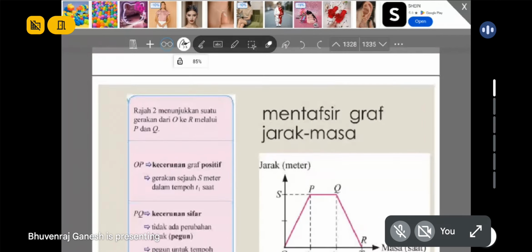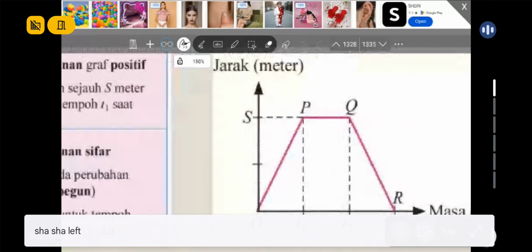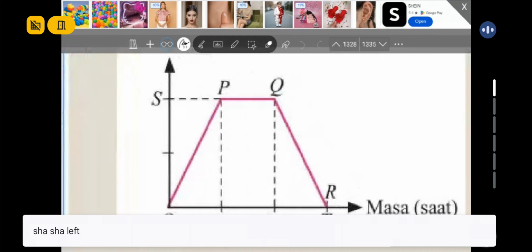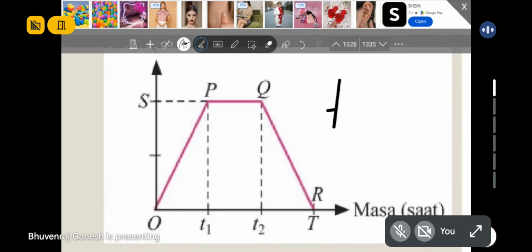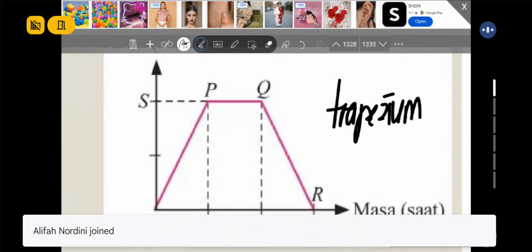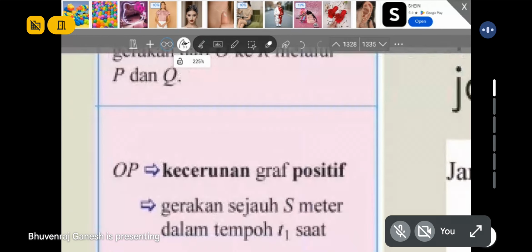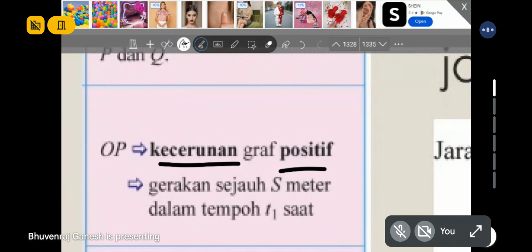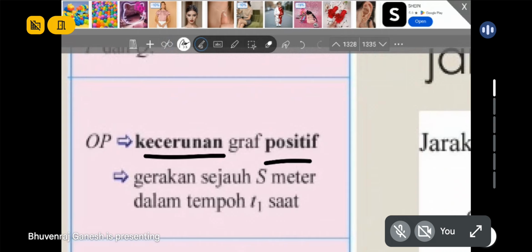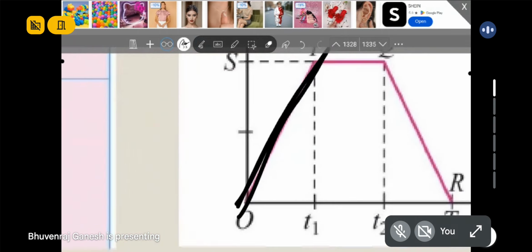So this is how you interpret your distance time graph. Sometimes the distance time graph can be a trapezium. Just now it was a triangle, now it is a trapezium, the shape. So how to interpret? We focus on OP first. OP has a positive gradient, with distance S meter and time T1 second.